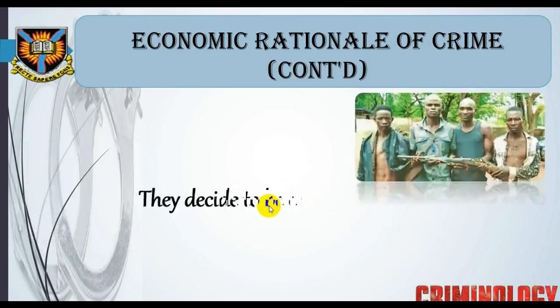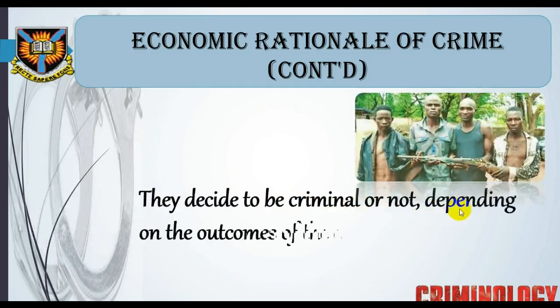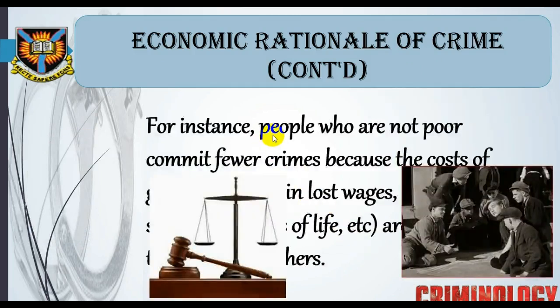They decide to be criminal or not, depending on the outcomes of the calculations. For instance, people who are not poor commit fewer crimes because the costs of going to prison in lost wages, deprivation of status, amenities of life, etc., are higher for them than for others.